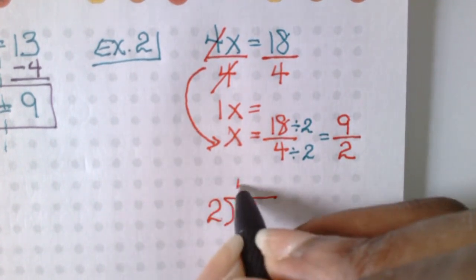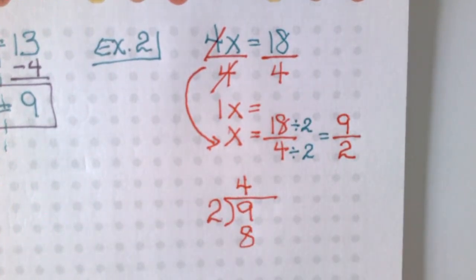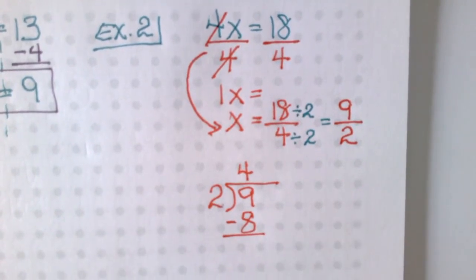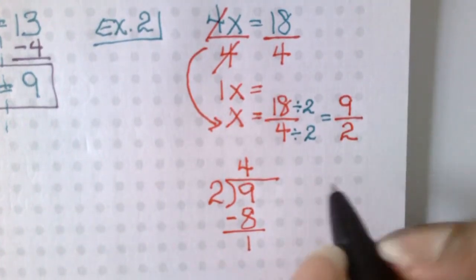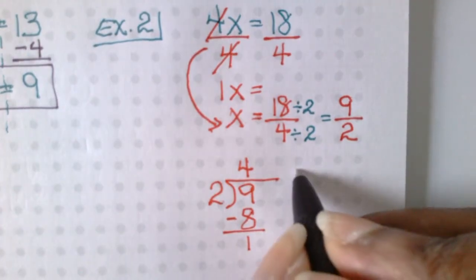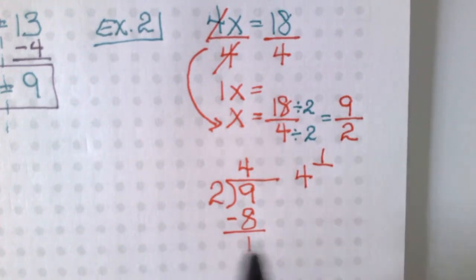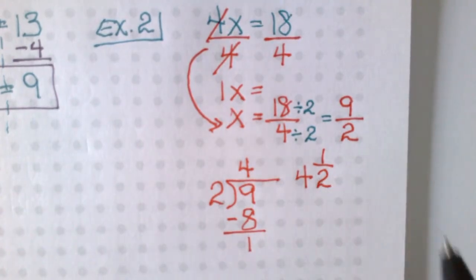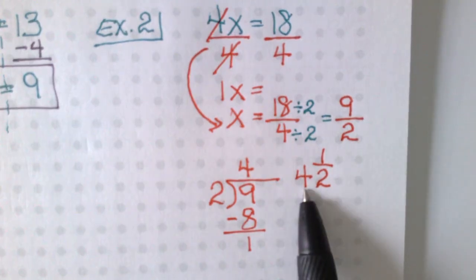So I know 4 groups of 2 will give me 8. Right? So when I subtract 9 minus 8, that gives me 1. So we can look at this as my 4 with the remainder, which always goes over the divisor. That's how you go from an improper fraction to a mixed number.